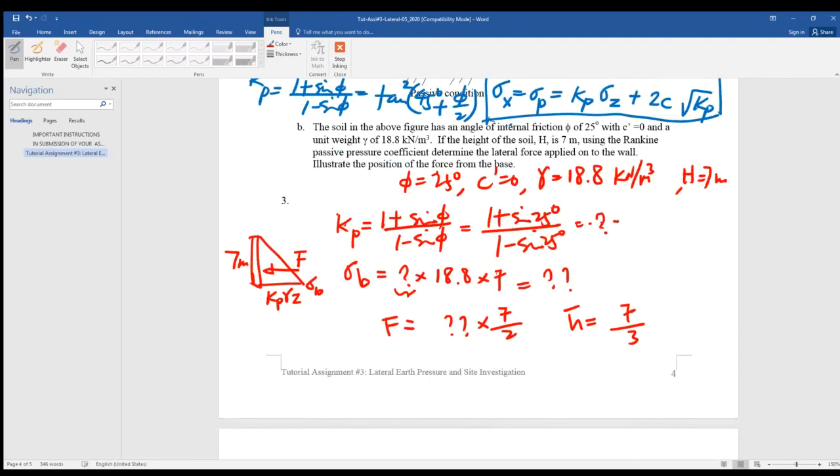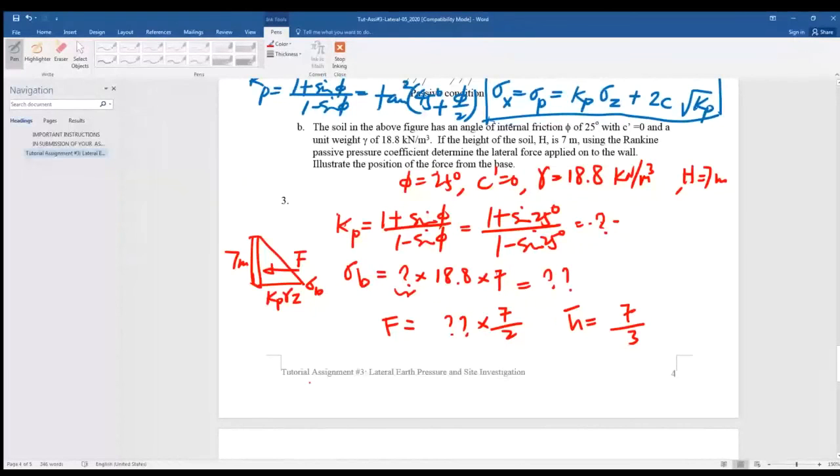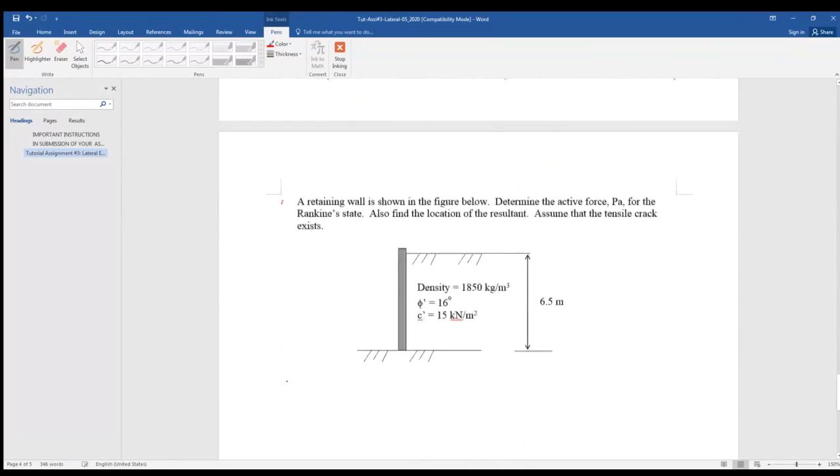The tension cracks. Okay, remember that?